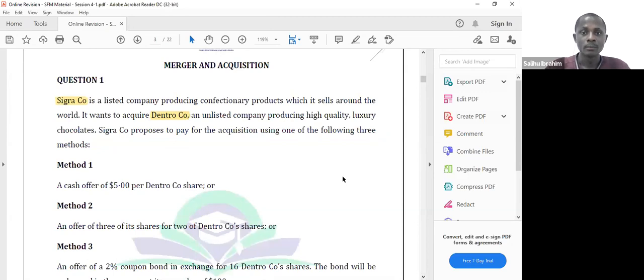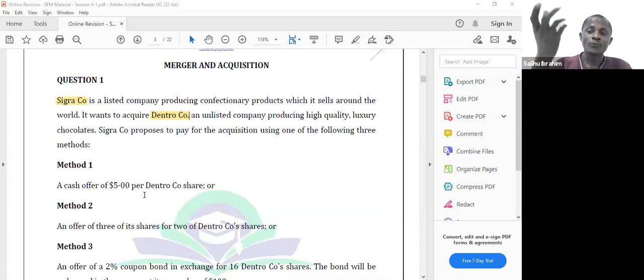Method two, an offer of 3 of Sigraco share for 2 of Dentroco share. So the first one is what we call cash offer. The second one is what we call share for share exchange.